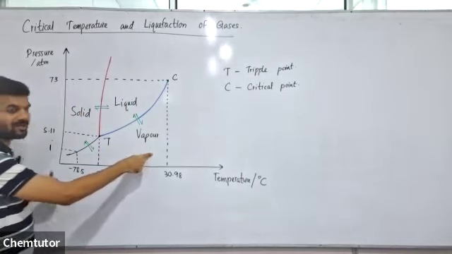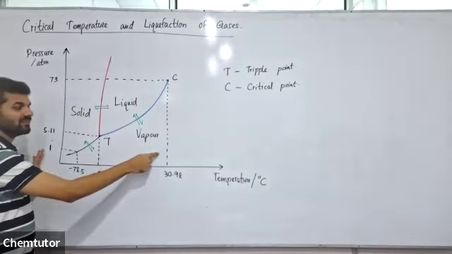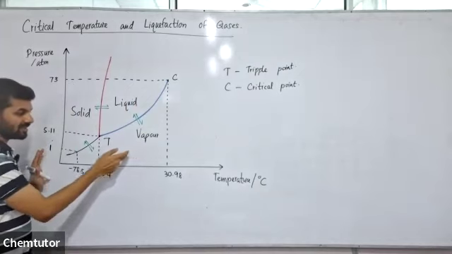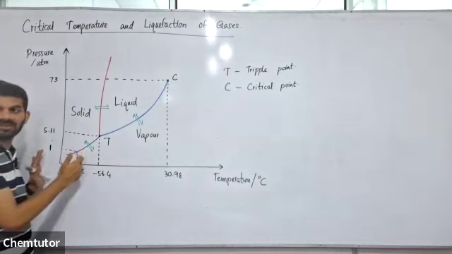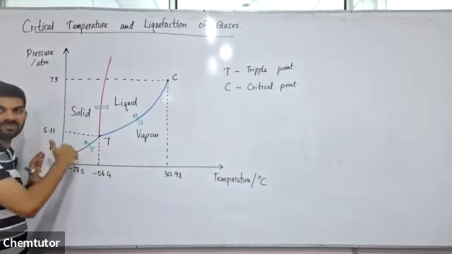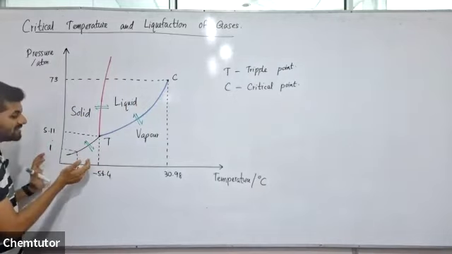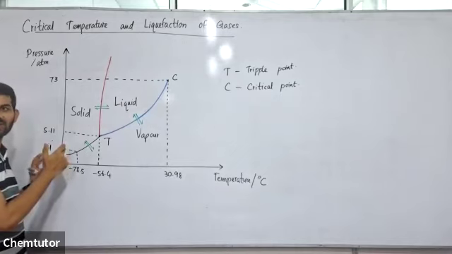If we cool it at 180 atm pressure, the temperature is decreasing like this. If it decreases up to minus 78.5, the gas starts to solidify. Once it is solidified, we call it solid carbon dioxide, dry ice.